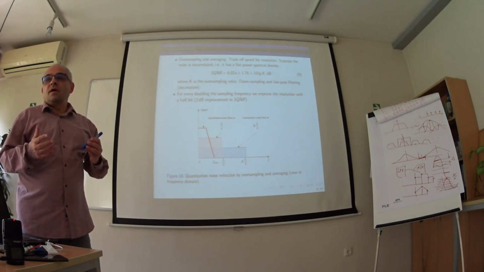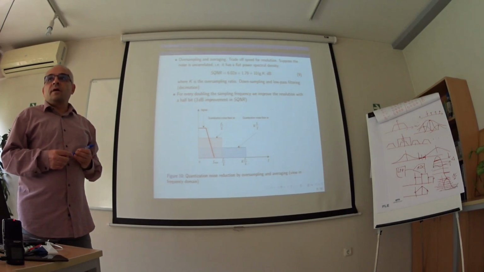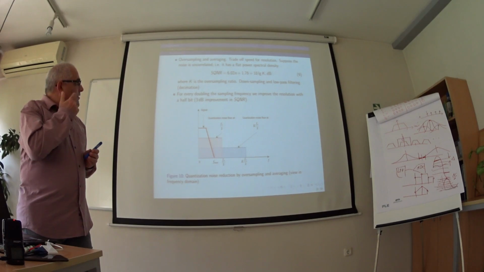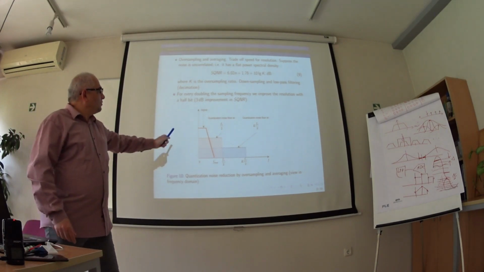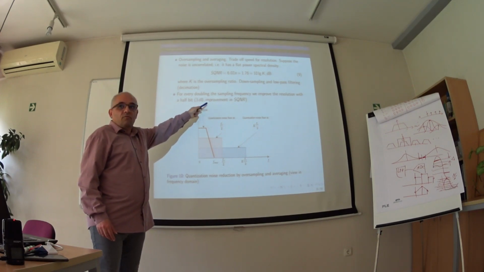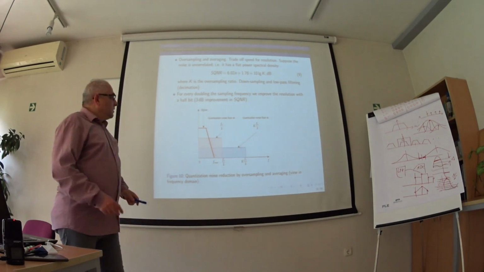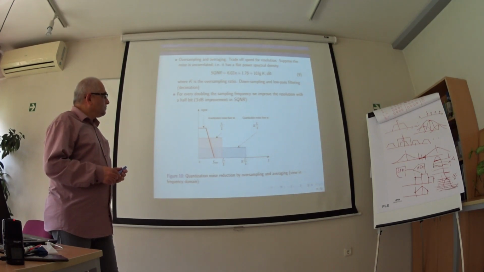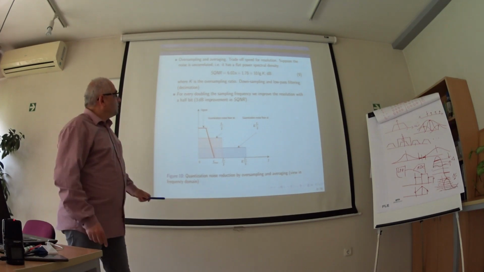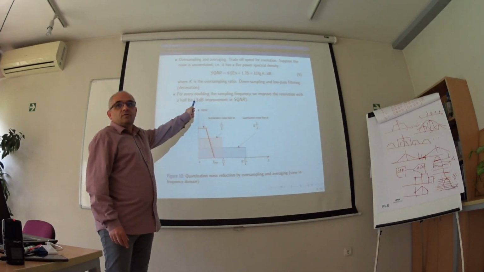If we increase the sampling rate by a factor of 4, we get an additional bit. 3 decibels in power is 1/2. So if we increase the sampling frequency 4 times, we get an additional 6 decibels, which is equivalent to 1 bit more.